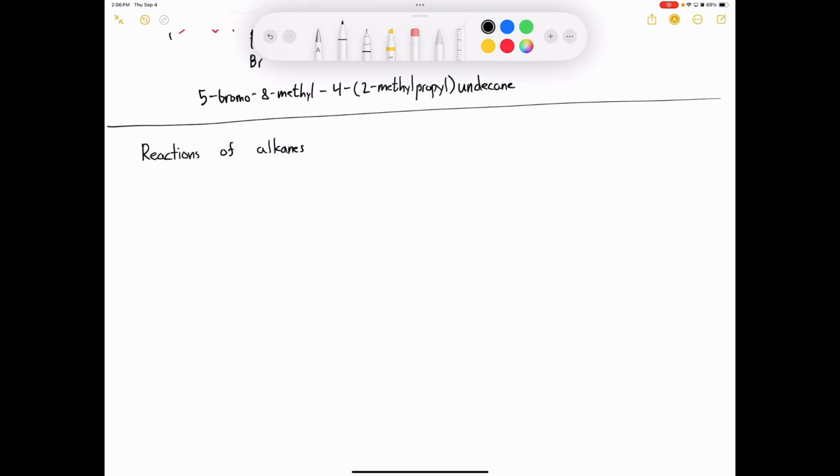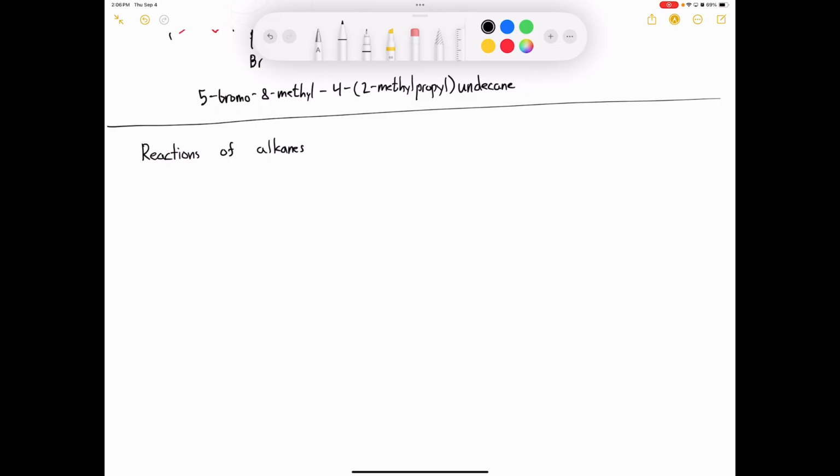So, for alkanes, there's only 2 types of reactions. What's one of them? You should know one because we do this every single day. What's the reaction called when I take an alkane, inject it with reactive oxygen as a spark, and I produce water and CO2?